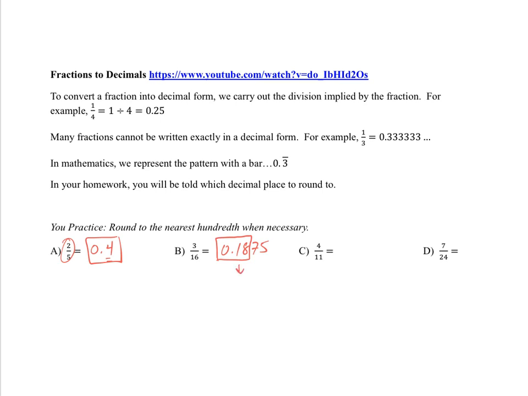So the rounding rule is if the next number is 5 or higher, 5, 6, 7, 8, 9, we round this digit up. But if it's lower than 5, we will leave this digit the same. So it'll be 0.19. That's our final answer, because this next digit is bigger than 5. Go ahead and try the other two, and I'll be back in a few seconds.